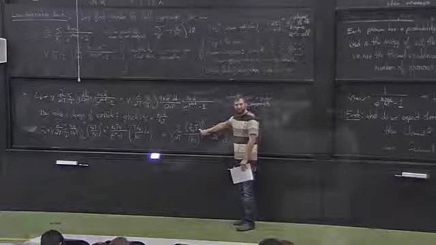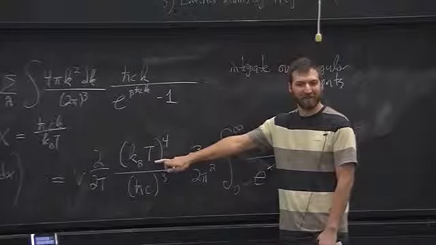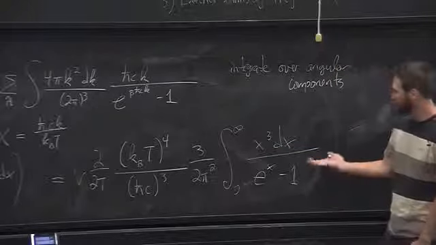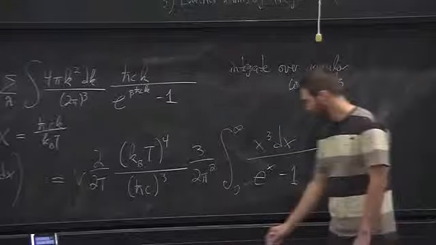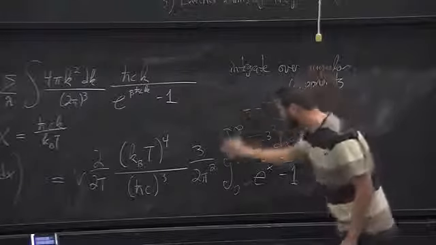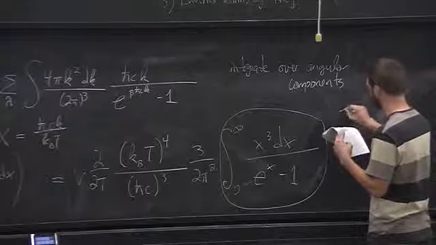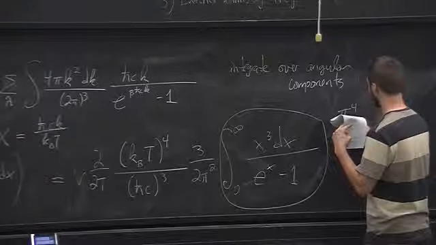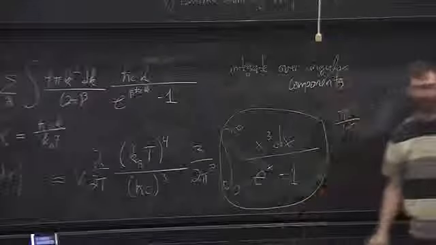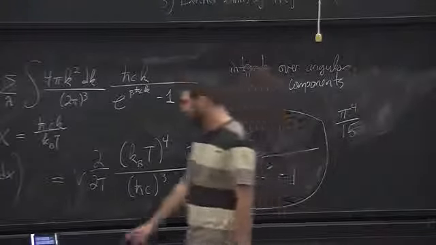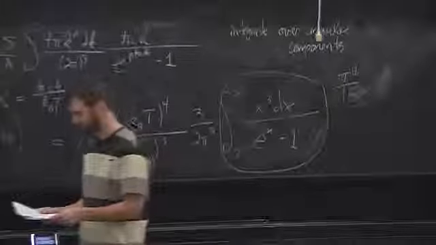So when you do that substitution, you've got to make sure you pick up all the T terms. That's the only trick here. Then there's some integral, just an integral over x of some fancy function. This thing I know off the top of my head. Just kidding, it's something I read in a book: pi to the 4 over 15. So you look up that integral, and everything else is in front of it. You take the temperature derivative, and you see that we get a T cubed behavior.